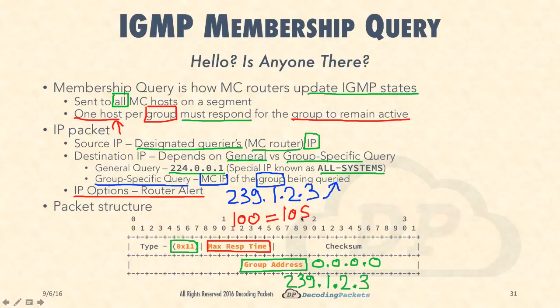Remember, the query goes out and you're expecting a response. This is how much time you have to get that response back to the router before it takes some drastic action, as in stop sending multicast packets to that group. So this max response time is now very important in a multicast group-specific query. Again, we'll go over the mechanisms of it, but for right now, this is what the packet looks like.